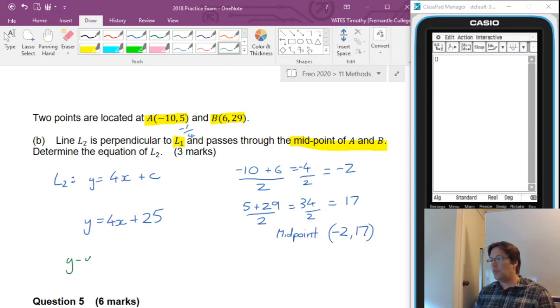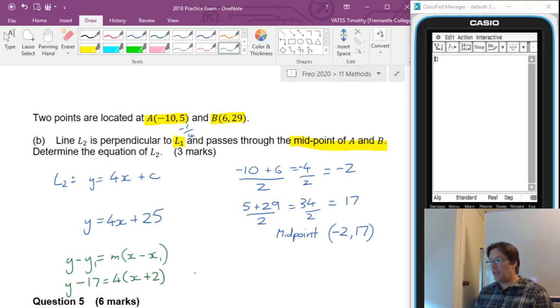So that's going to be y take, and our y coordinate is 17, and our gradient is 4. It's x take negative 2, so I'm actually just going to do plus 2.